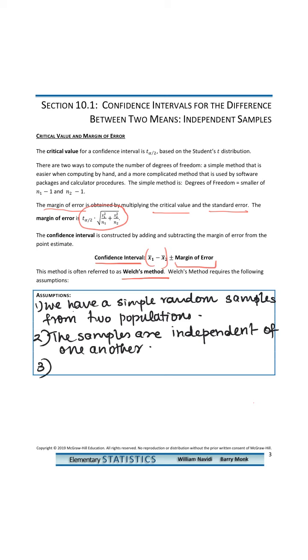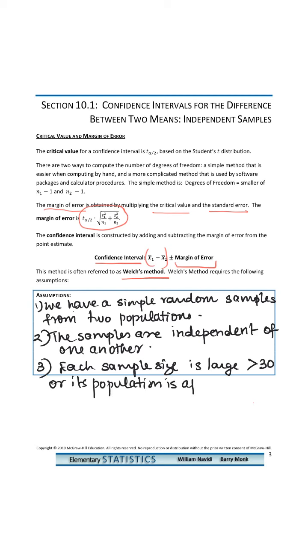And the third one is each sample size is large, that means greater than 30, or its population is approximately normal.